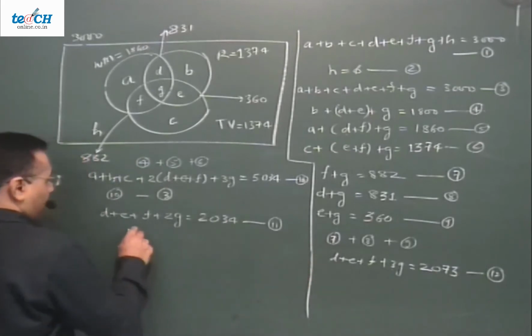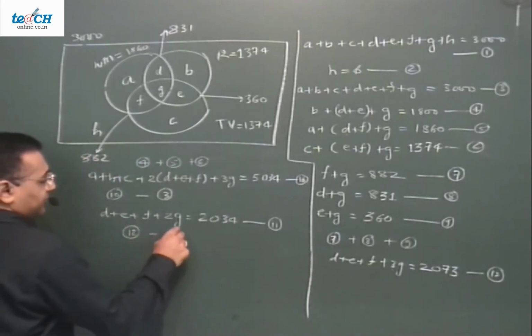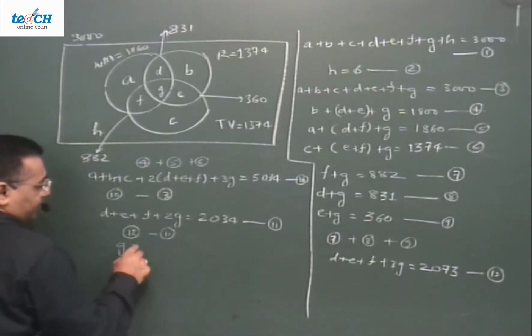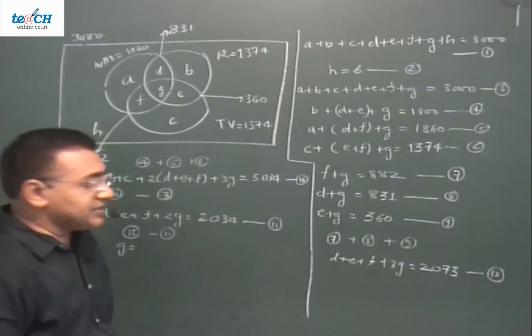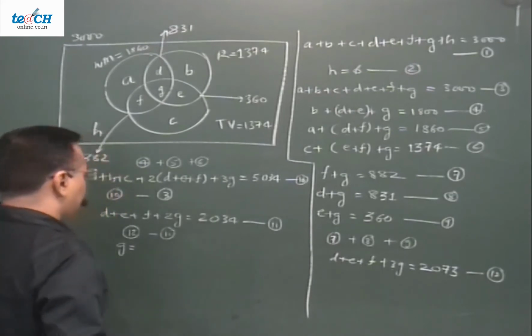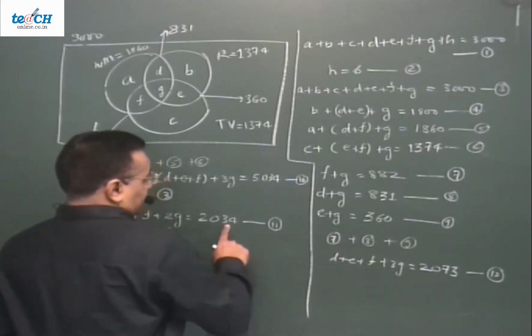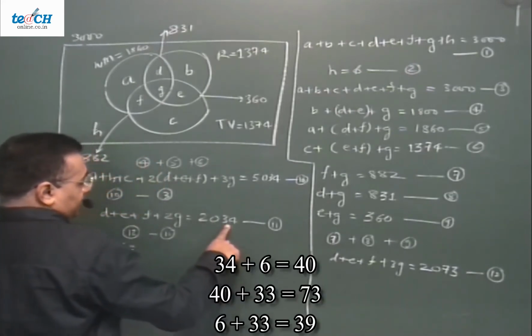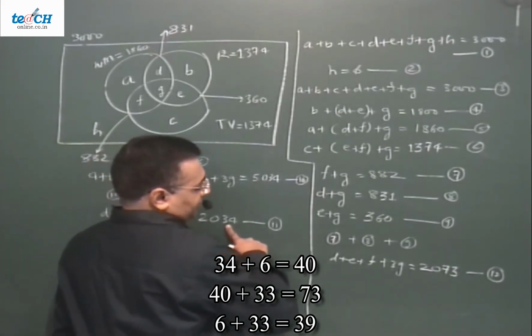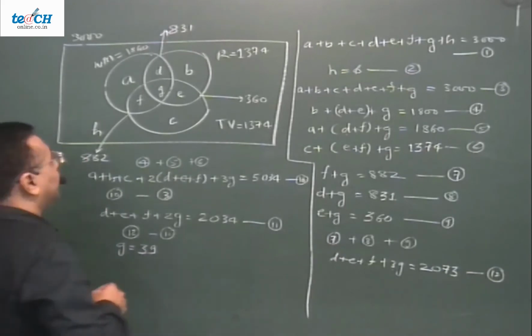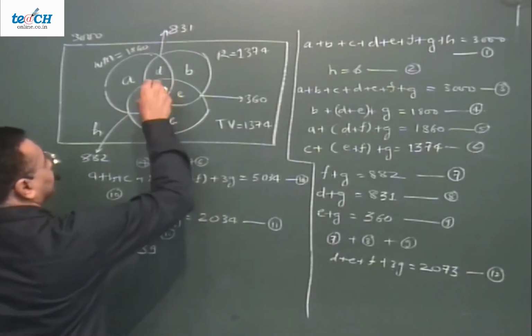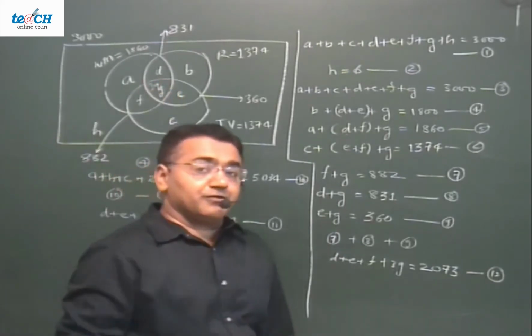So now if I do equation 12 minus equation 11, what I get is G is equal to 2073 minus 2034, which is 73 minus 34, which will give you how much? 39. 34, if I add 6 to it, that makes it 40. 40 plus 30 is 70, and then 39. So G is 39. You get this first value as 39, as we got in the intuitive solution also.